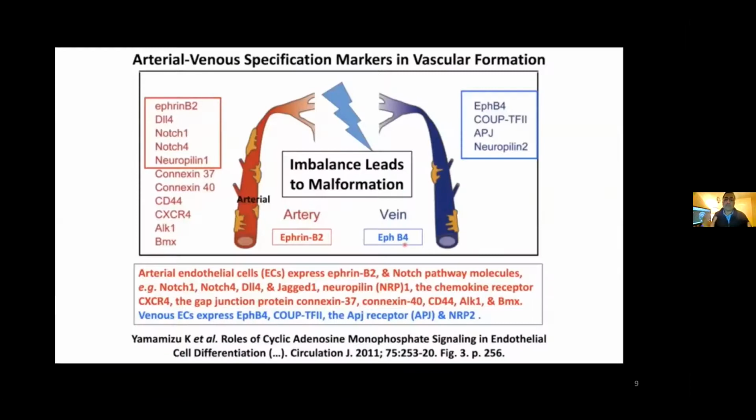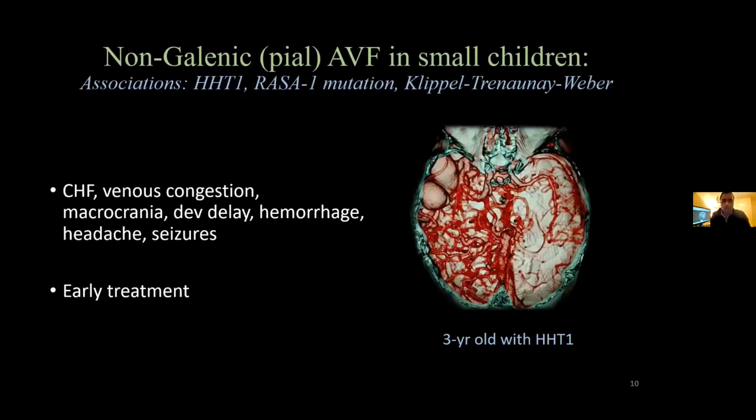So if there is an imbalance in this ephrin B2 and B4 pathway based on the Notch expression, you can have these capillary level malformations, which do not differentiate into an artery or a vein and instead hook up to form what we call AV fistulae. So these can be associated with syndromic conditions like HHT, hereditary hemorrhagic telangiectasia, or RASA1 mutations.